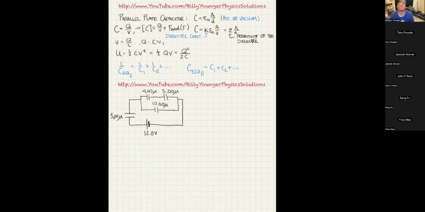So what we'd like to do with this case is we want to find the equivalent capacitance. So find the C equivalent for this capacitor assembly.